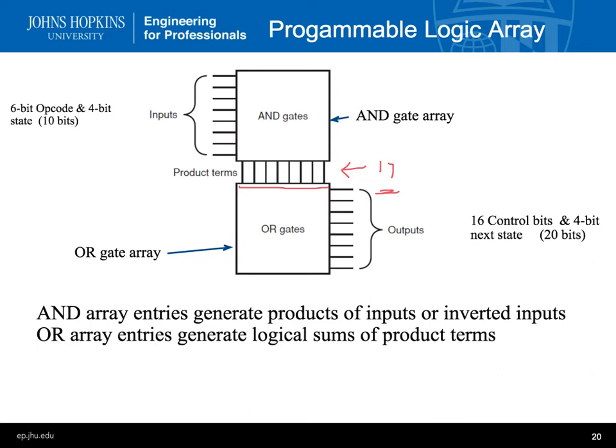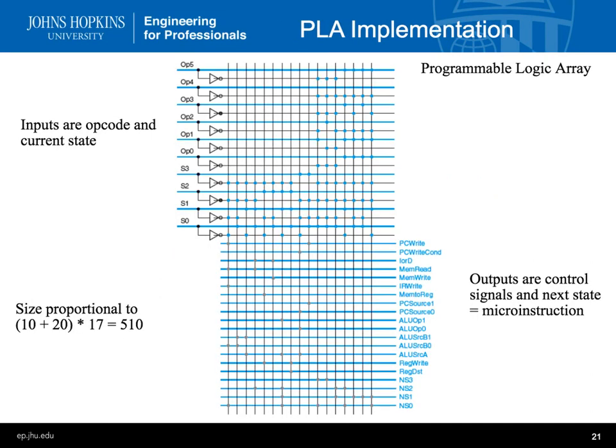So this would be one control signal, maybe PC write. So this would be what sets of product terms have to be on for PC write to have a value of 1. Okay, and so there's a line for each of the control signals we talked about and the next state.